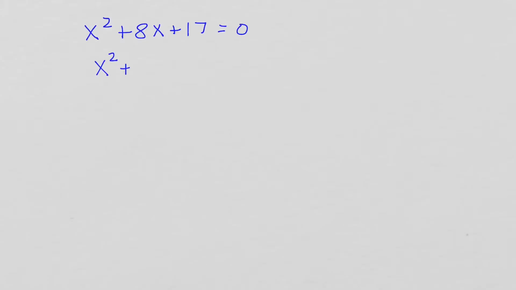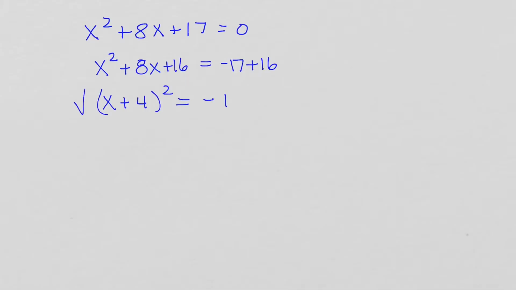And I have x squared plus 8x equals -17. And I'm going to add 16 to both sides. And that gives me x plus 4, quantity squared, equals -1.